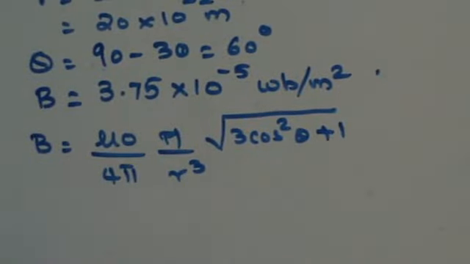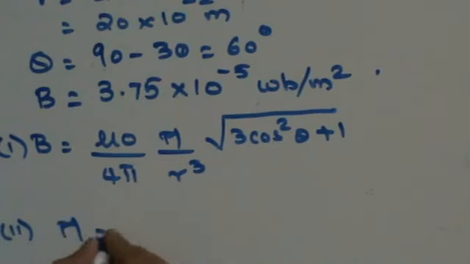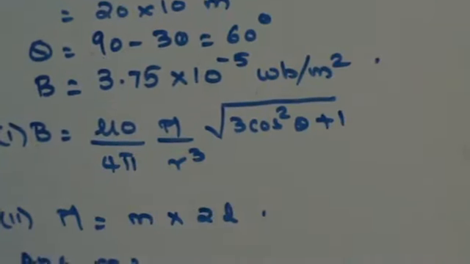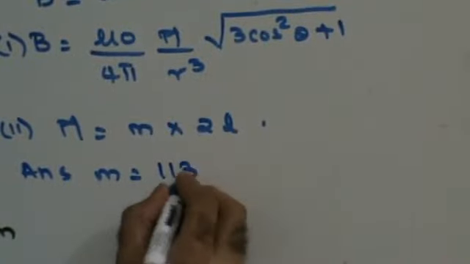From here you will get the value of m. Once you get m, magnetic moment is nothing but pole strength into magnetic length. Magnetic length is given to you, so you should be able to get the pole strength. The answer for this sum should be pole strength is 113.4 ampere meter.